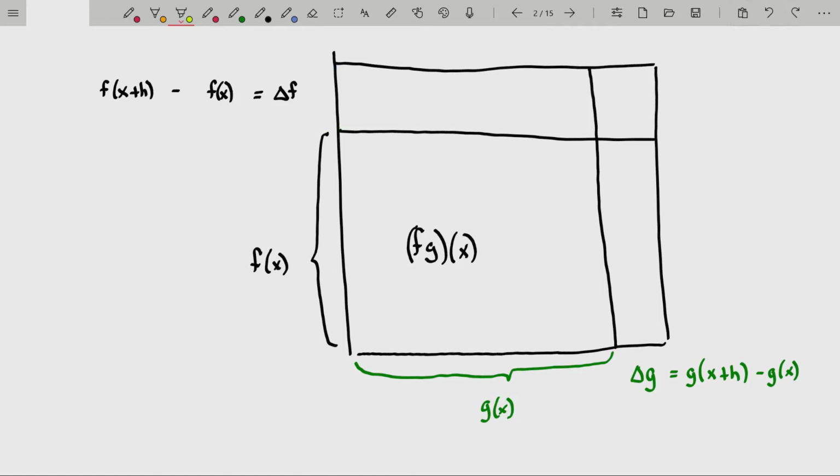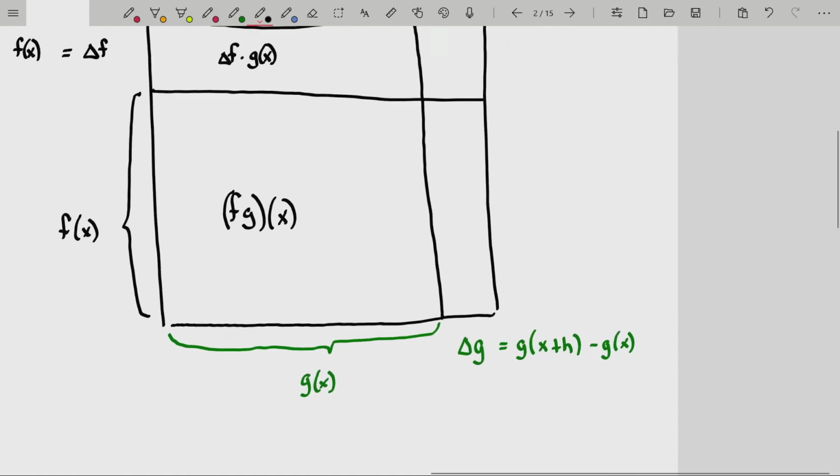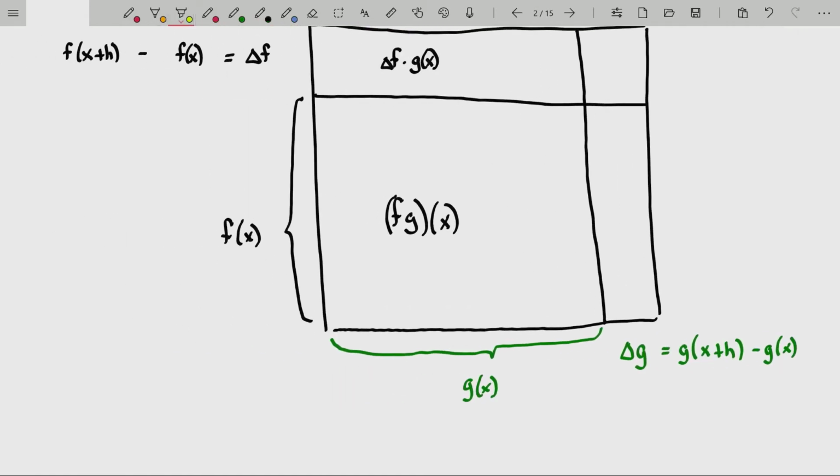So I'm going to go ahead and write that in there. Along the same lines, the height of this rectangle is f of x, and its width is delta g. So again, the area will be height, f of x, times width, which is delta g.